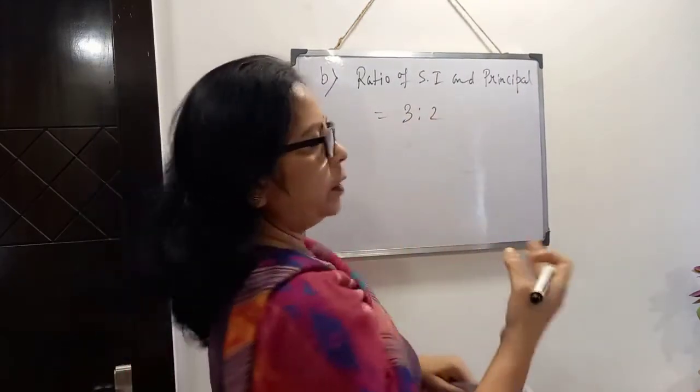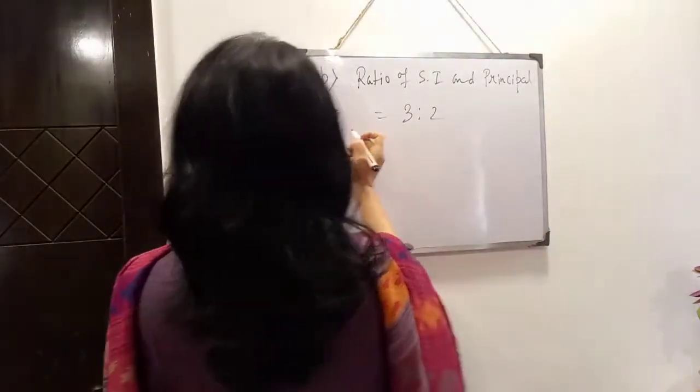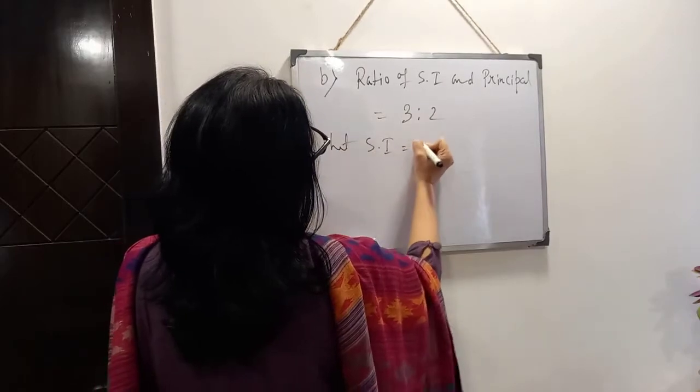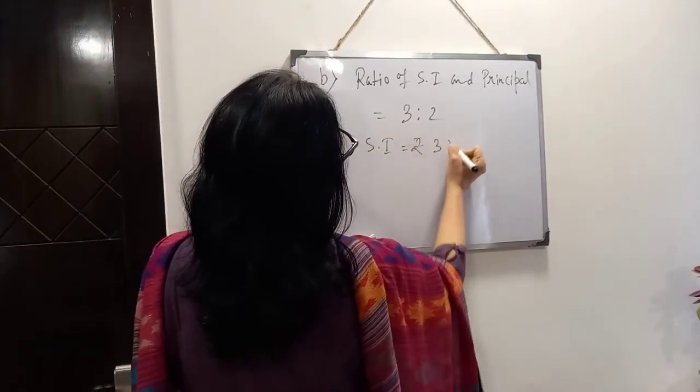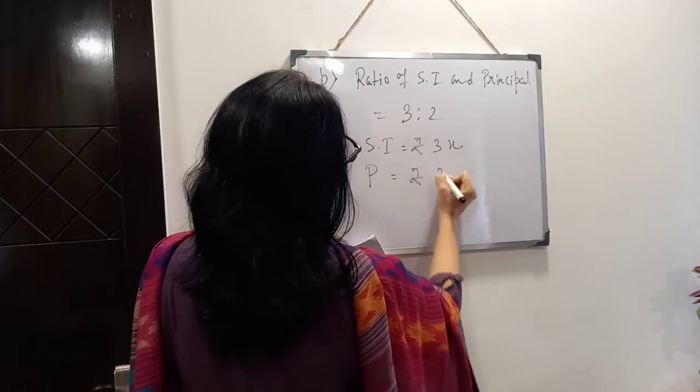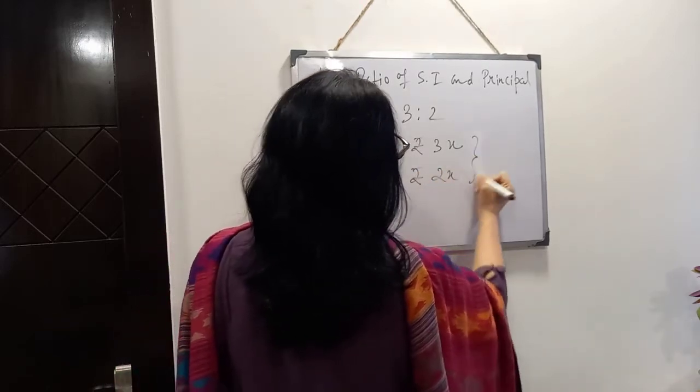So you know when ratio will be given, we will consider let simple interest be rupees 3x and principal will be rupees 2x, where x is common multiple.